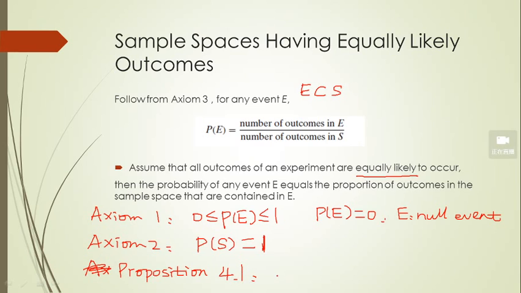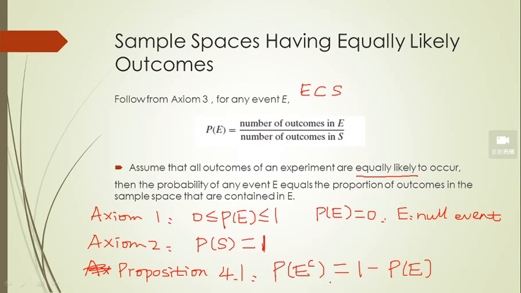If we have an event E, the probability of E's complement will be 1 minus the probability of E. Think about it: 1 minus the number of outcomes in E over the number of outcomes in S. That means the number of outcomes not contained in E, which means contained in E's complement.